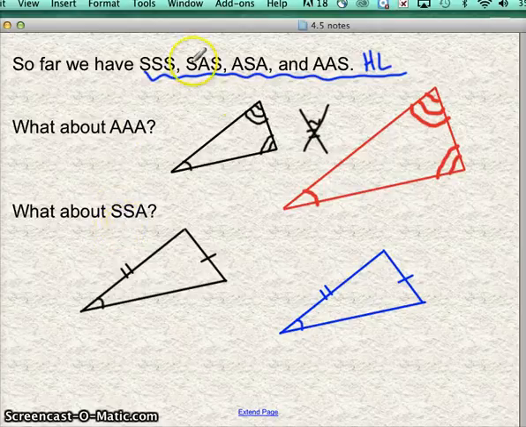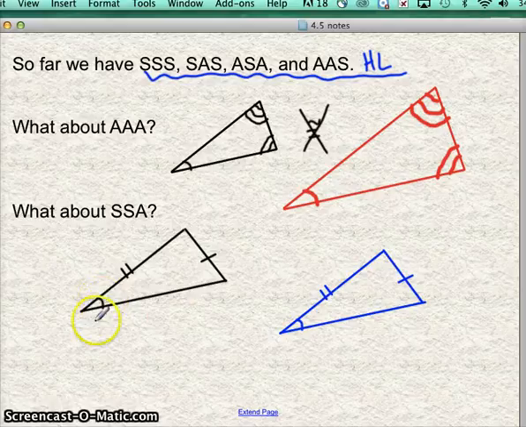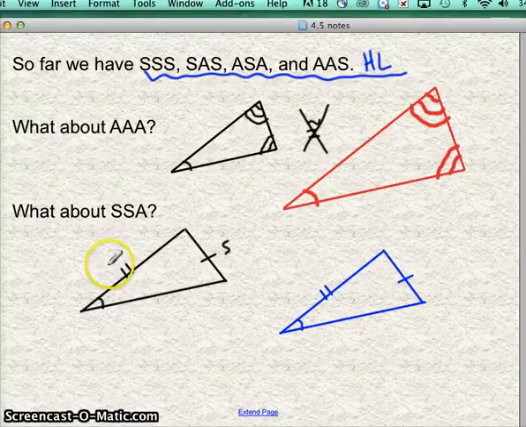The other one that's not up here is side-side angle. This is also not enough information. I'm going to try to demonstrate that for you. First of all, do you understand the picture that we have a side, goes to the next side, and then to the next available angle? Side, then an angle.